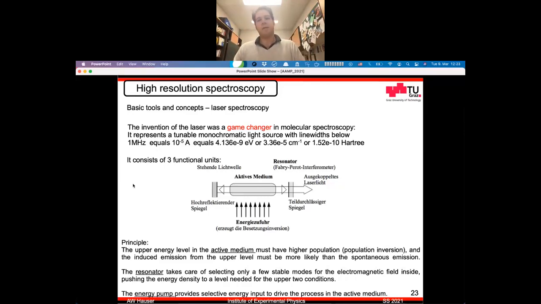For a basic understanding, we have two levels where we do an excitation from a lower level to some excited level. Actually, a two-level system won't work for what we are going to create, namely this inversion, meaning that we have more atoms in an excited state than in the actual ground state, right?